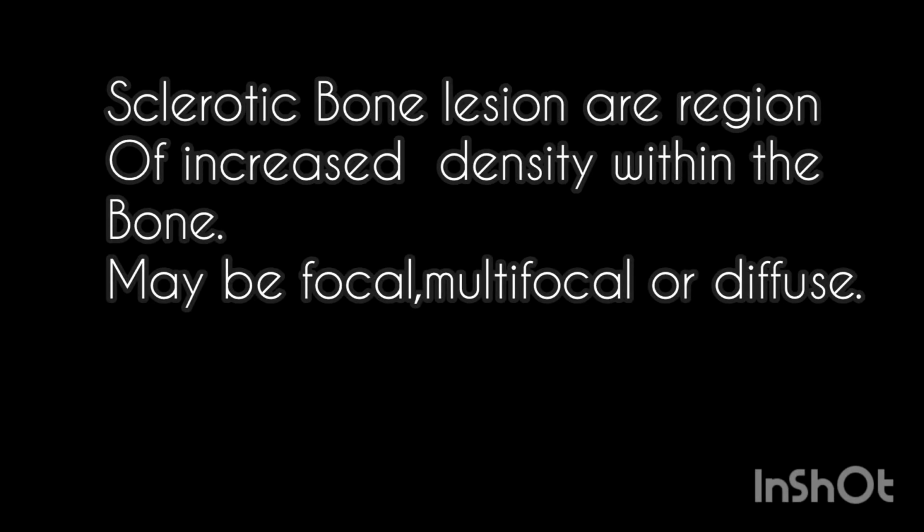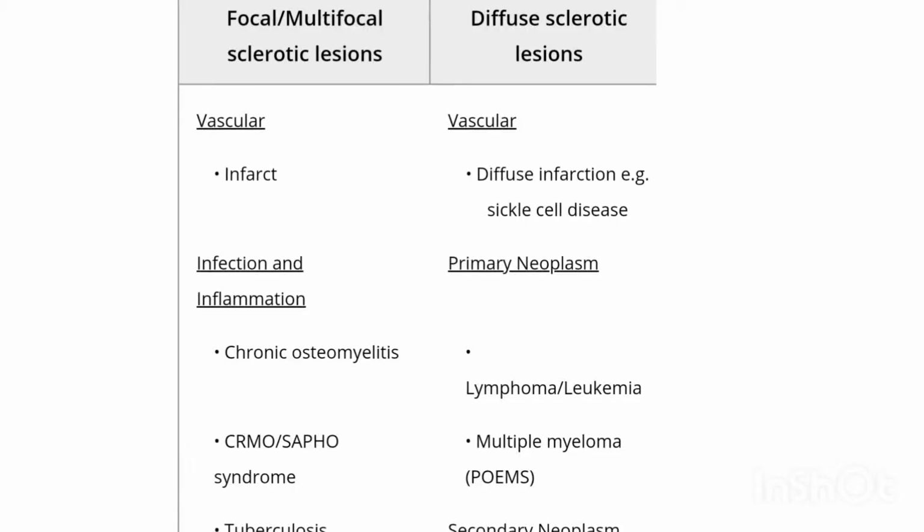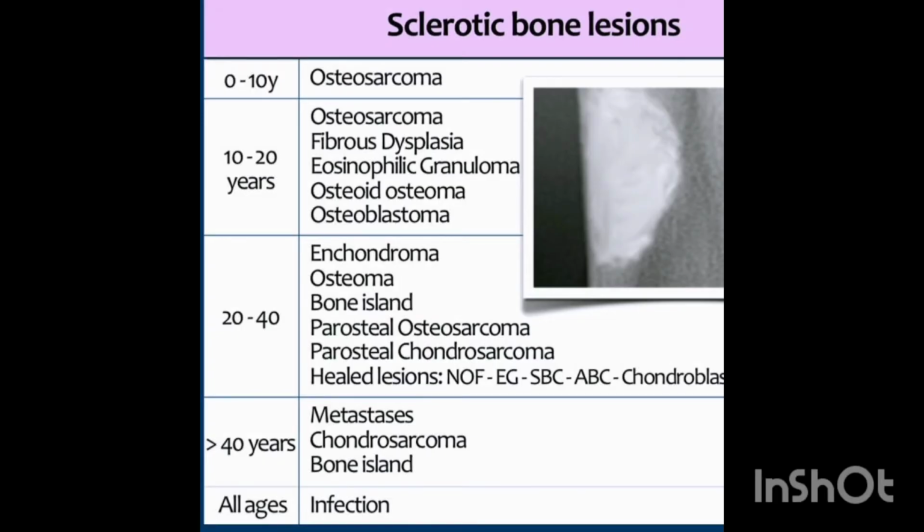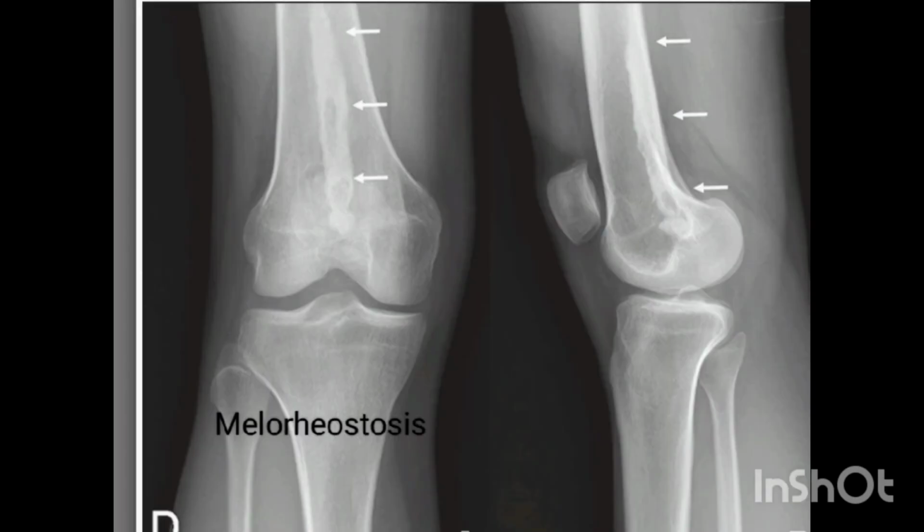Sclerotic bone lesion is an abnormal increase in bone density within the bone. It may be focal, multifocal, or diffuse. Focal can be found in bone infarct, osteomyelitis, enostosis, osteoblastoma, and osteoid osteoma.